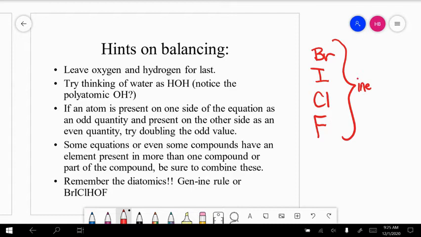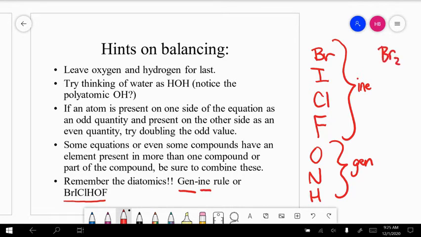And then GEN would be oxygen, nitrogen, and hydrogen. So that's where this Janine molecule rule comes in. And this is what Brinkelhoff means, the symbols for the elements. What this means is these particular 7 elements do not come by themselves. They always come in pairs.